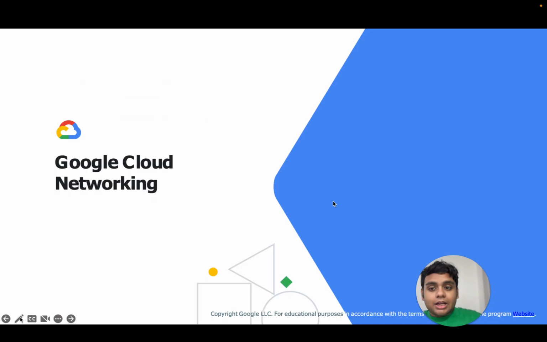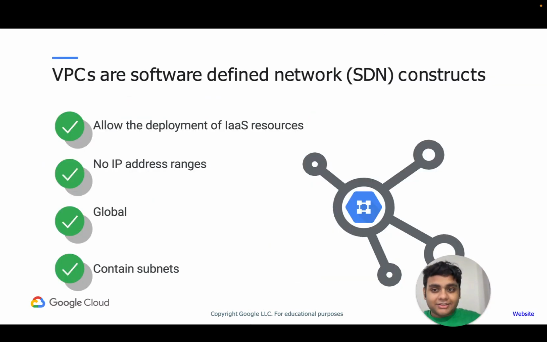Now let's come to Google Cloud Networking. What is it? Before getting into that, let's talk a bit about VPCs, which are virtual private clouds, and we'll be doing a bit of labs on VPCs. A VPC is a software defined network.